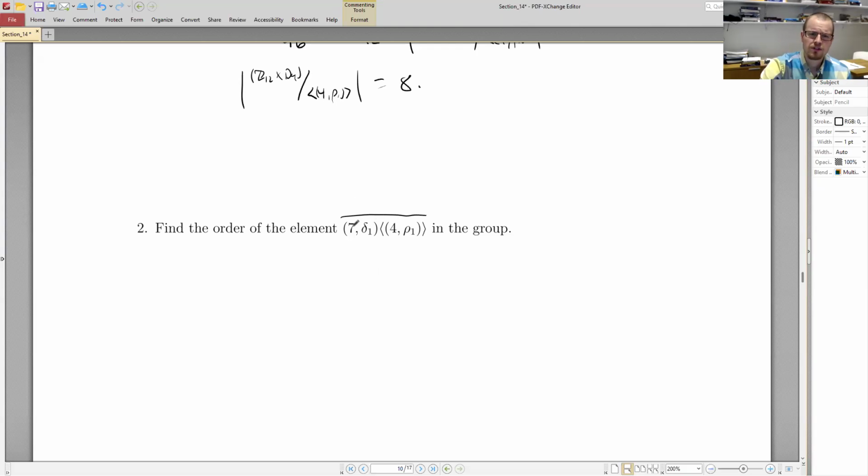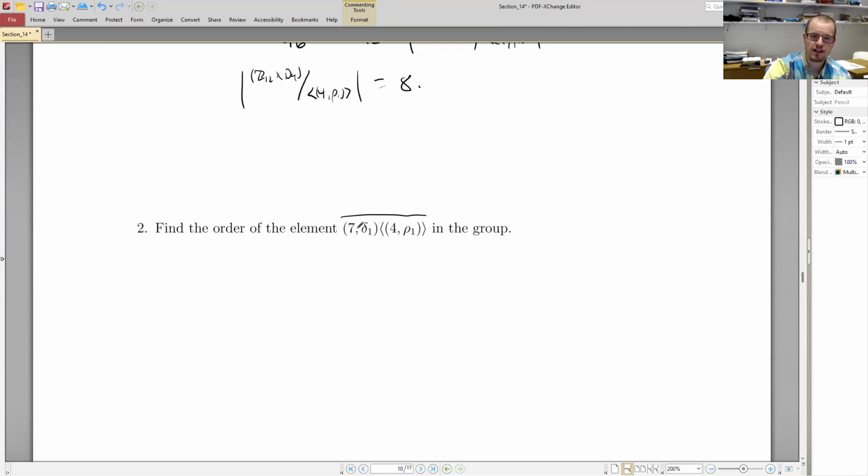All right. So when does this become the identity element? Well, in order to recognize that, we need to recognize the order of the individual pieces inside of this, and then take their least common multiple.